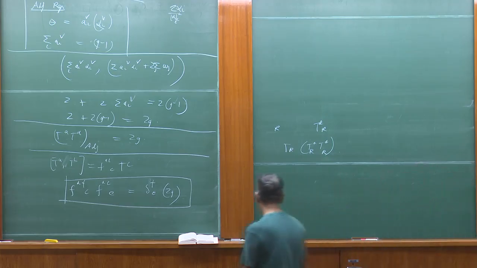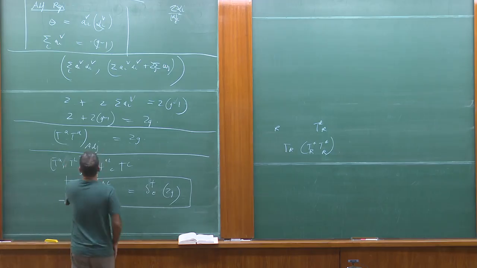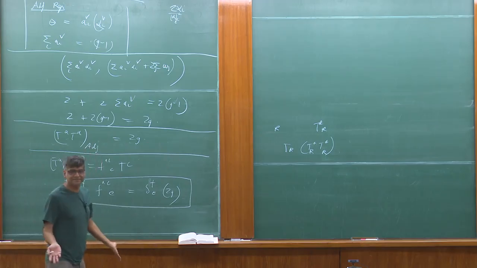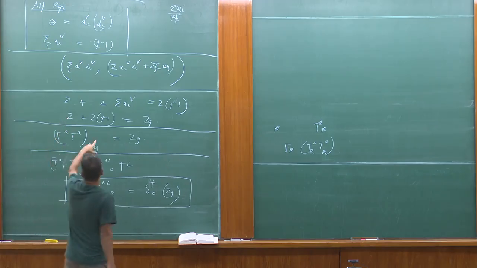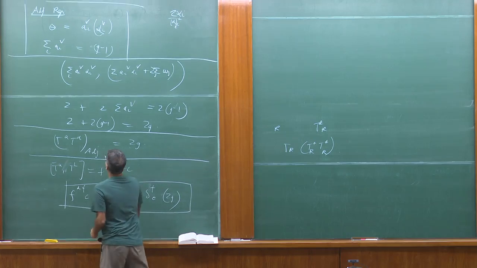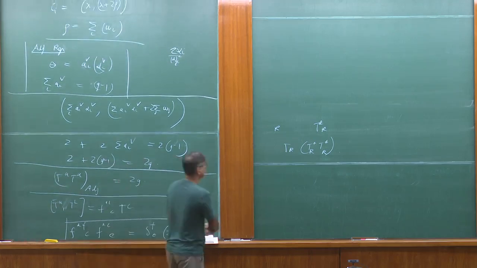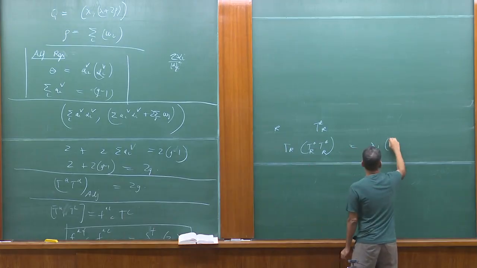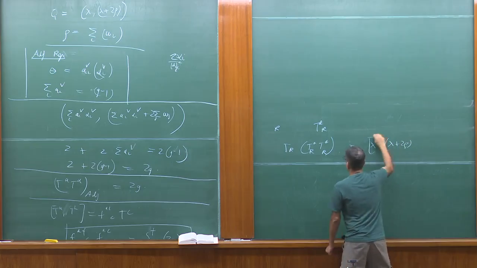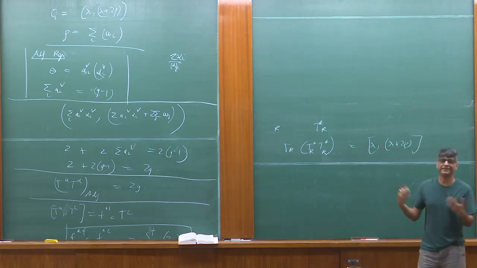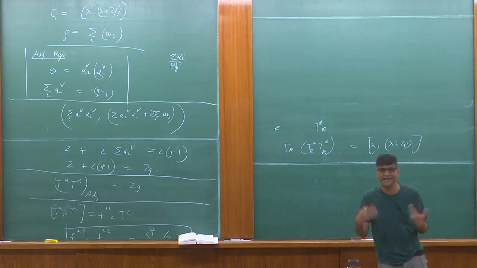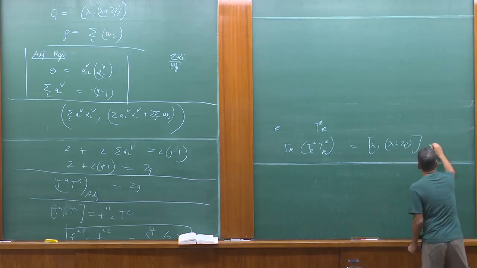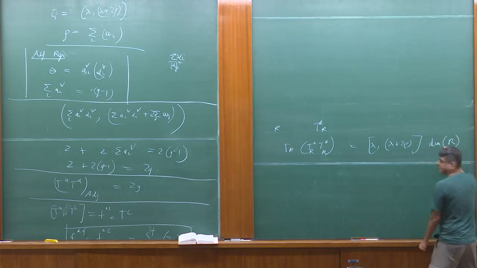What does this equal? Well, that's clear, because we had a formula for T^A T^A in representation R: it was lambda times lambda plus 2 rho. Then we take the trace, and as it's the identity, you get the dimensionality of the representation R.